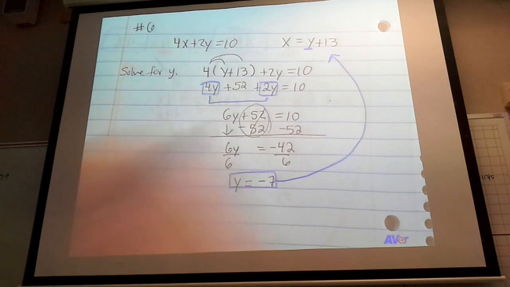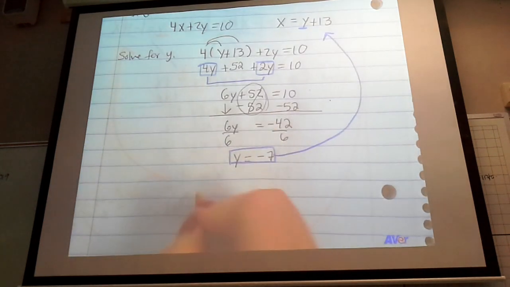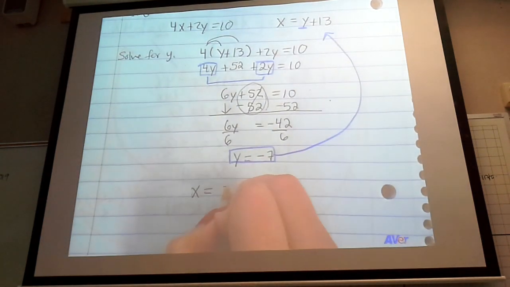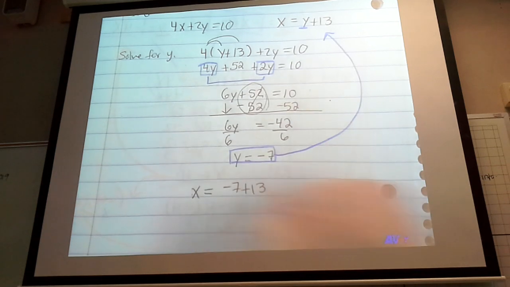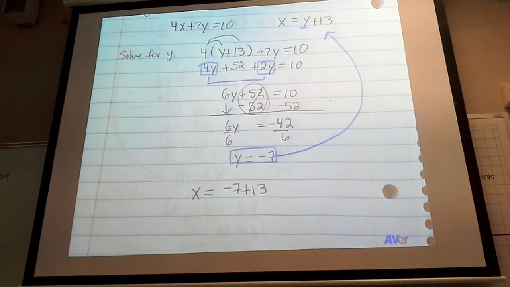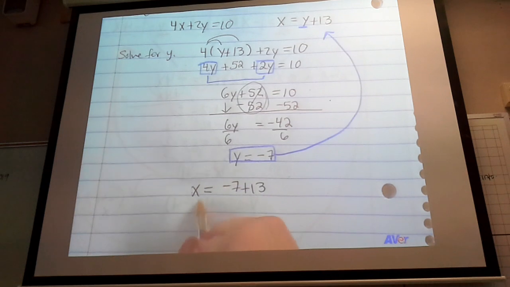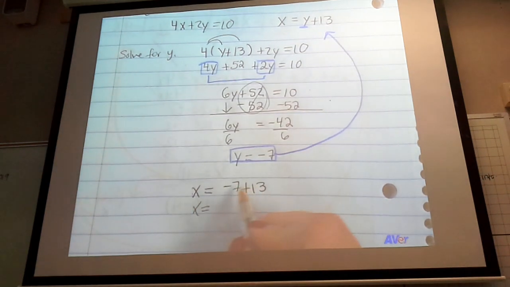And rewriting this equation gives me x equals negative 7 plus 13. If I combine these two numbers, I have a positive and a negative, which means their signs are different. So I take the difference between 7 and 13, and that difference is a positive 6.